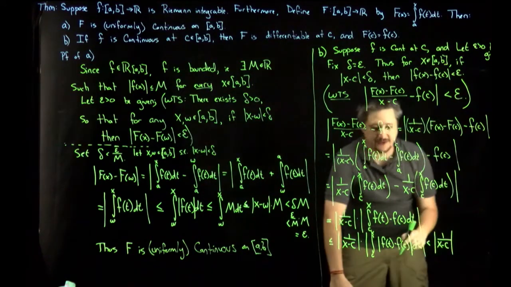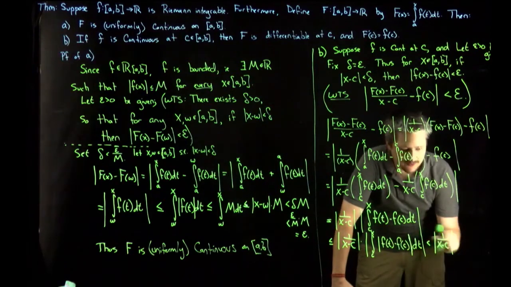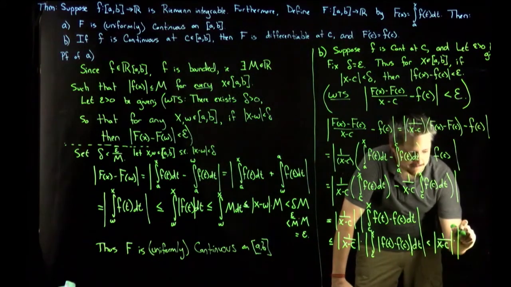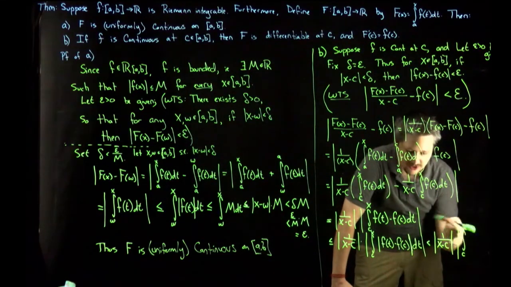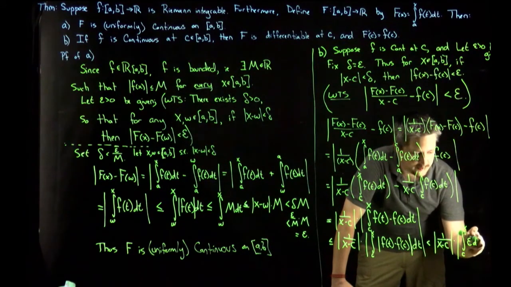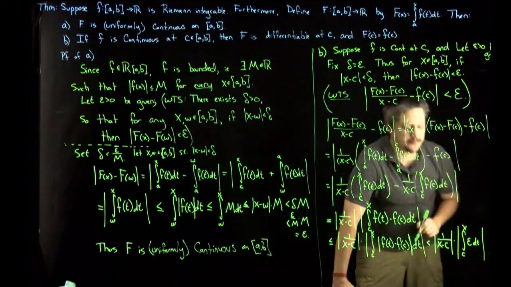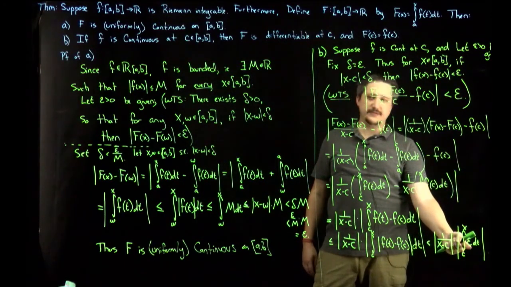And I'm leaving it like that for a reason that is maybe not obvious right now, but will be soon. I still have absolute values on the outside. The integral from c to x. Here, this thing is less than epsilon, which is a positive number, so this is just epsilon dt, absolute value.